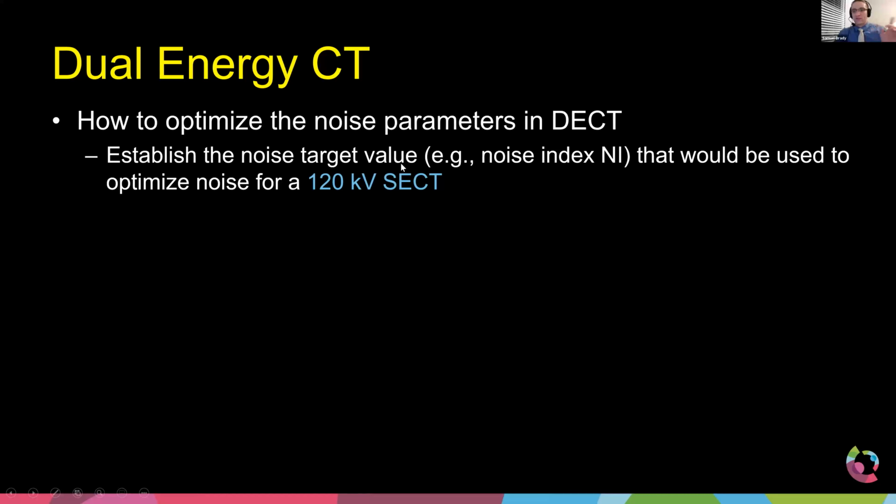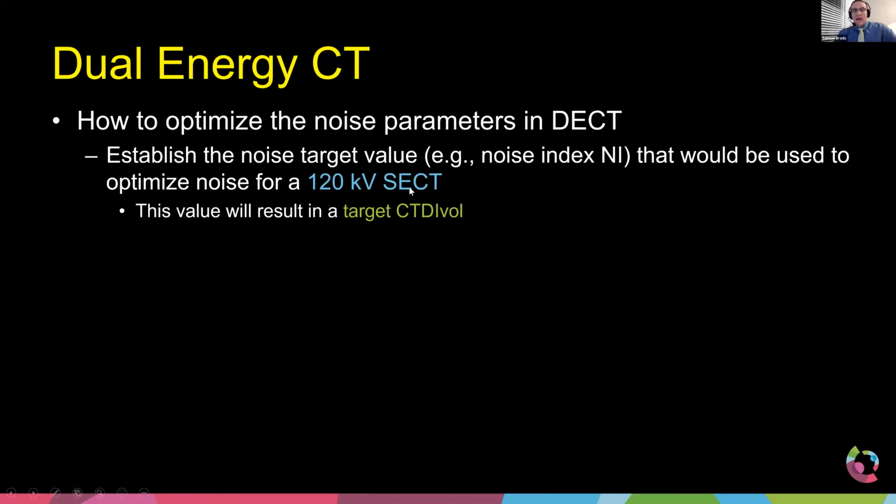Now, remember from last week, all vendors have different noise indices. GE calls it noise index, Canon calls it SD, and Siemens, Philips, and Hitachi all have their own way of defining the noise. So you would set that for each of those vendors the way you normally would.